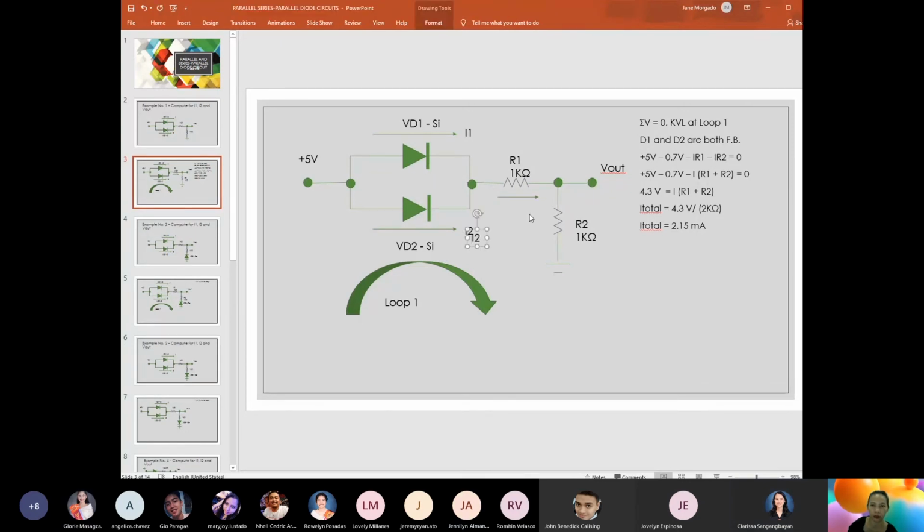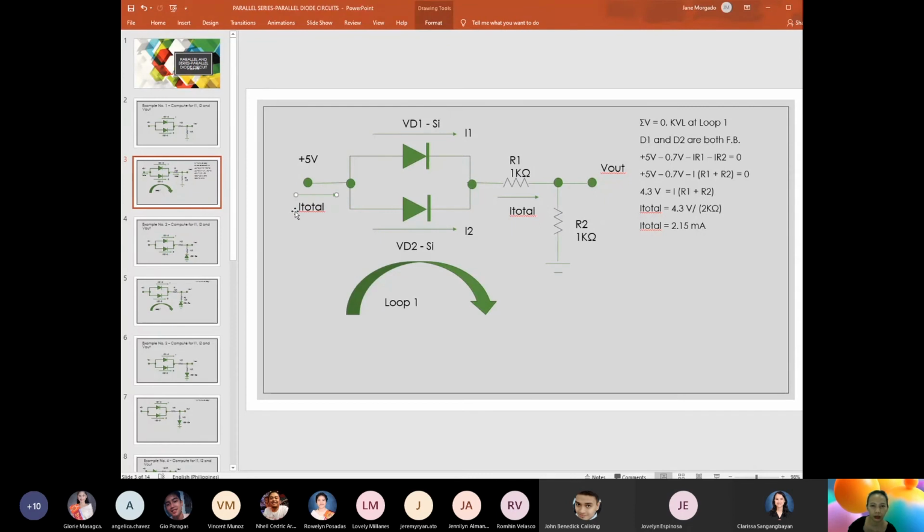Okay, the I total is actually this one, the current that is flowing through R1 and R2. Kakaroon ng divergence. Actually, that is also the I total that is flowing from positive 5. This is the same I total here. Parang kalsada, di ba?